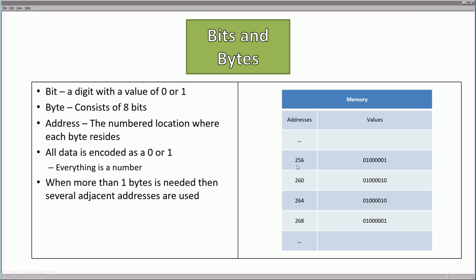As this example shows, we have these various addresses that are arbitrarily picked, and also these values that are arbitrarily picked as well. Inside of a computer, all data is encoded as a 0 or 1. Everything is a bit. Everything in a computer is a number. Now, when more than one byte is needed, then several adjacent addresses are used.